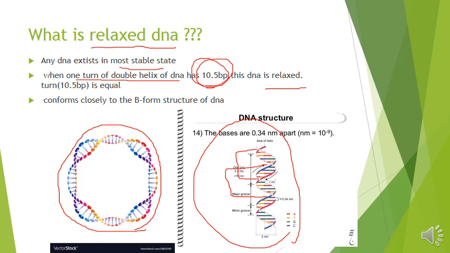And the most common structure of DNA is the B form structure that Watson and Crick described. So that is called relaxed DNA, because it is the most common form of structure of DNA.